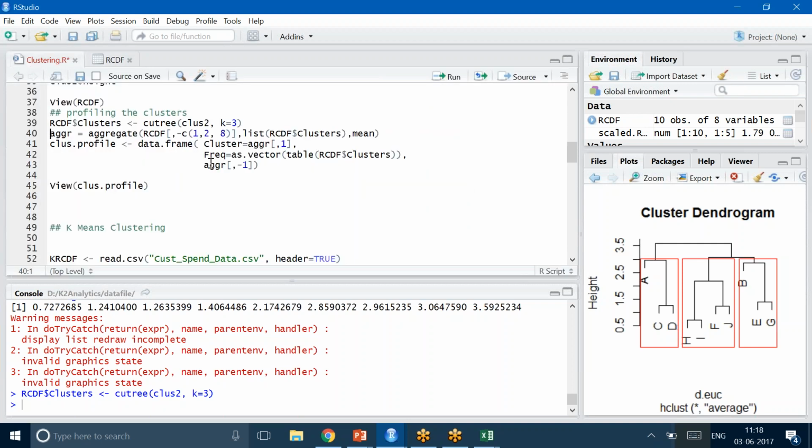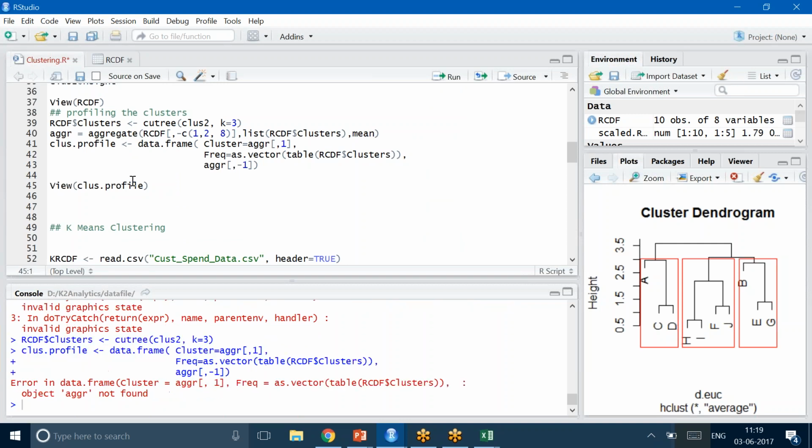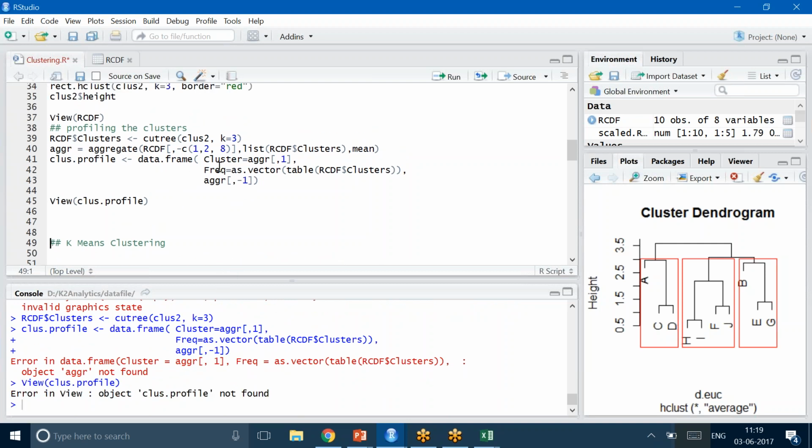Once I know who belongs to which cluster, there's a certain set of R code. Now we are not discussing what the code is. I'm running some code. I've done some aggregation. No, there's some error.